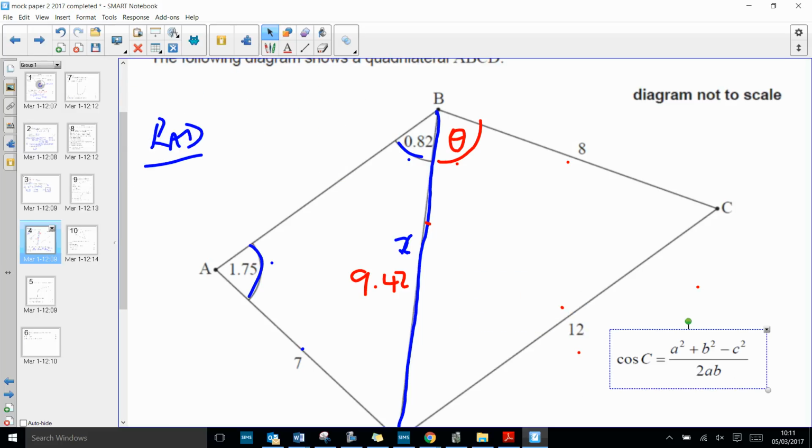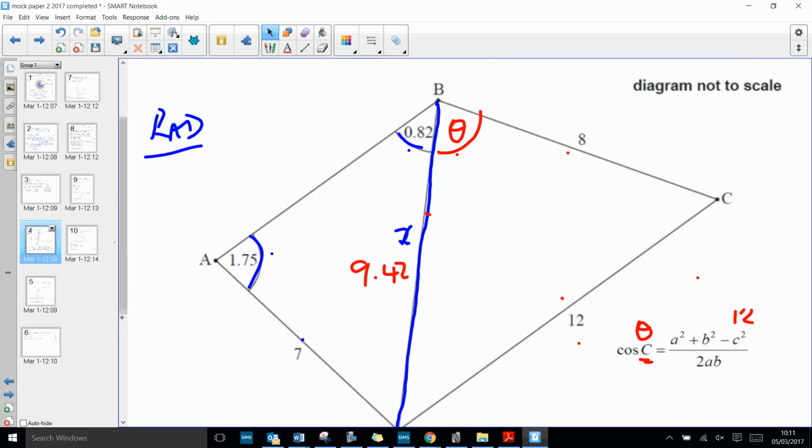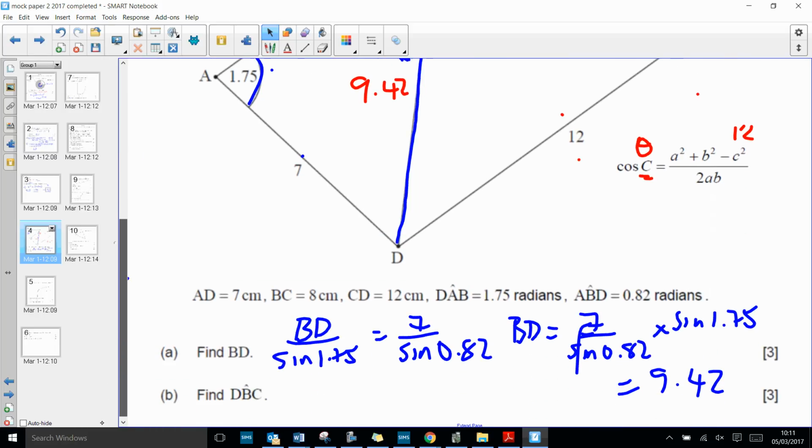Looking at this particular format, this is theta. Angle C is opposite side length C, so this value at the end must be the 12, and it doesn't matter which one's A and which is B: one's 8 and one's 9.42.